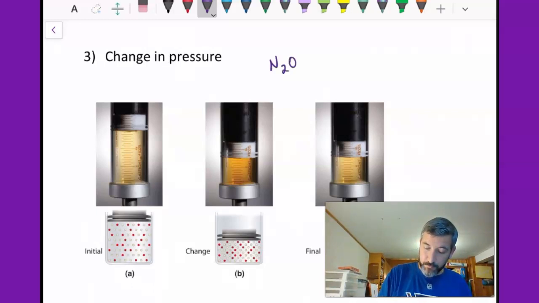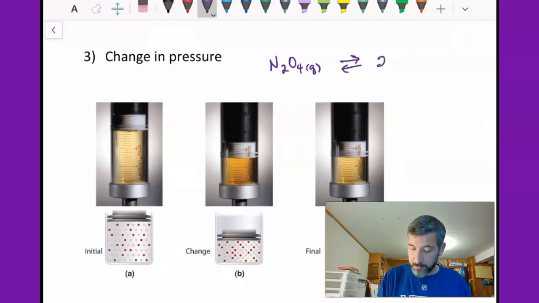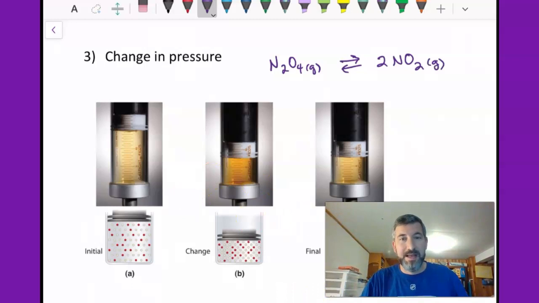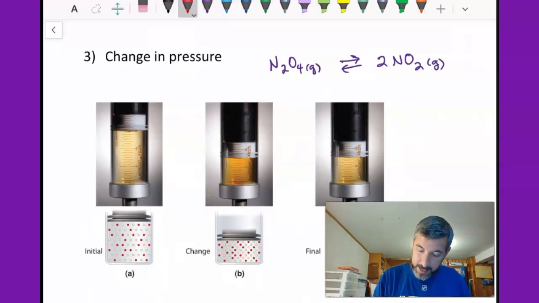So N2O4, I'm going to leave the heat out because that doesn't really have much to do with this particular example, but of course it would still be on the left-hand side of the equation. And these are both gases. And so what's happening here is on the left side, I have 1 mole of gas. And on the right side, I have 2.